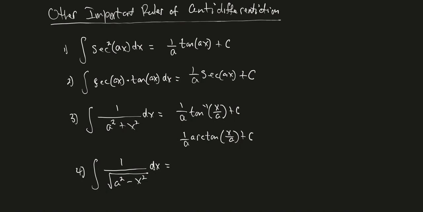This one doesn't have a 1 over a in front, and it's because of the square root in the denominator here. So there's a bit of algebra that could be done to show that this antiderivative works out to be arcsine of x over a, and then you have your plus c. And again, remember, this is not a reciprocal. This is the inverse sine function, or the arcsine function of x divided by a, plus c.